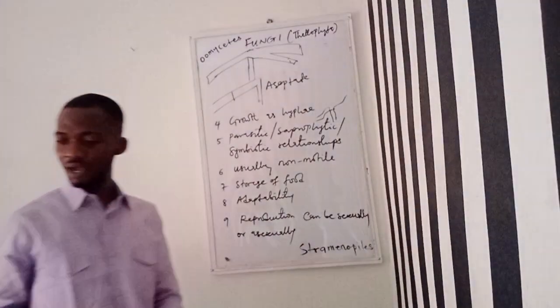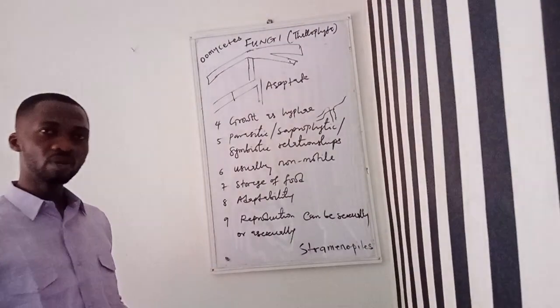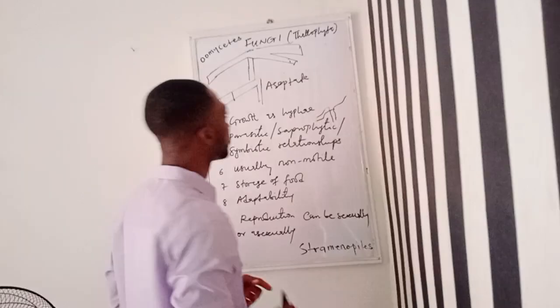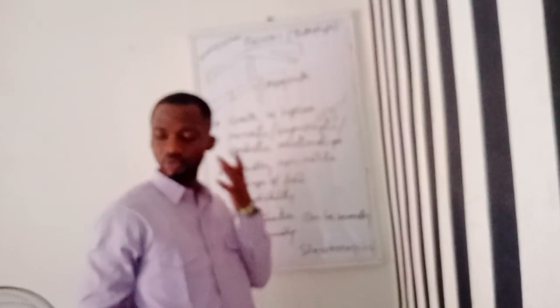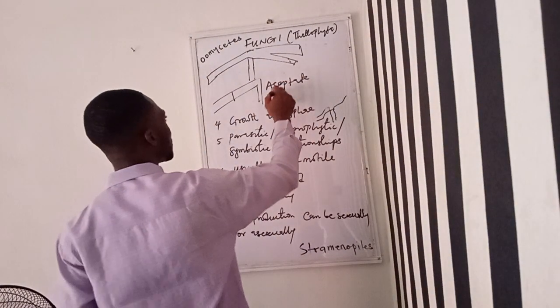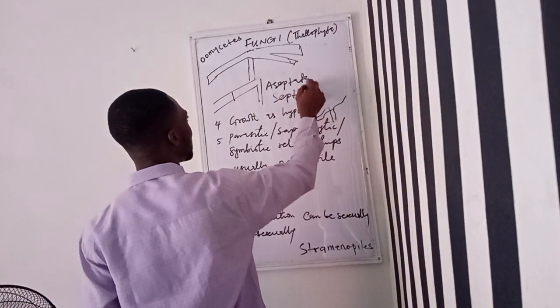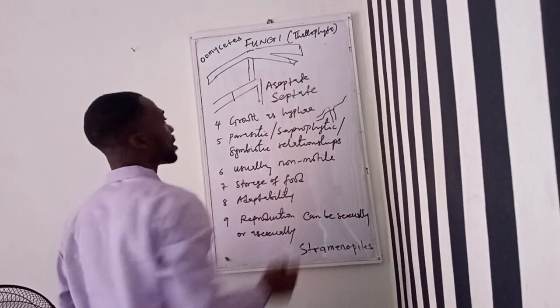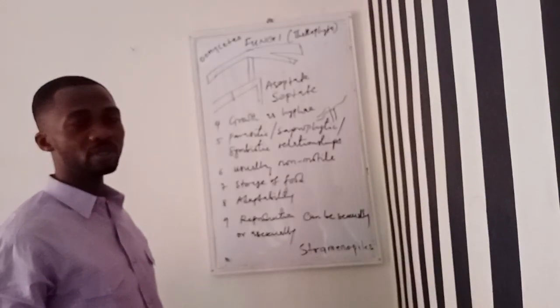But we also have those that have cross walls, and those that have cross walls are said to be septate. Those that have cross walls are said to be what? Septate.